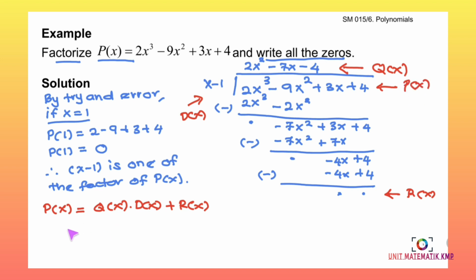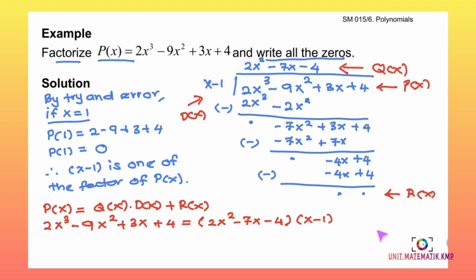So substituting, we have 2x power 3 minus 9x squared plus 3x plus 4 equals Q(x), which here is 2x squared minus 7x minus 4, times D(x), x minus 1, and the remainder is 0.